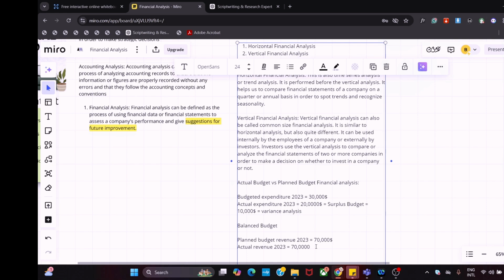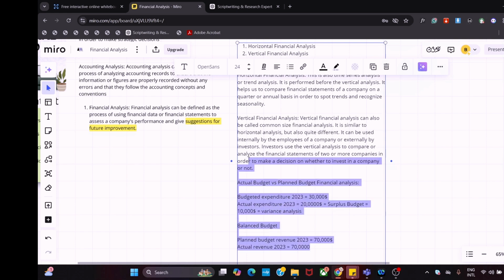When we are trying to know the difference between the actual budget and the planned budget, this is what we call variance analysis. We are trying to know the difference, and also the reason why there was a difference between the actual budget and the planned budget.